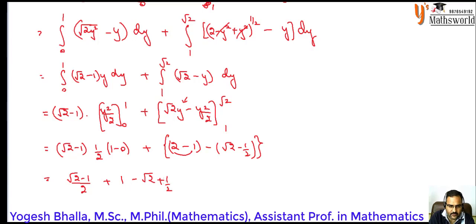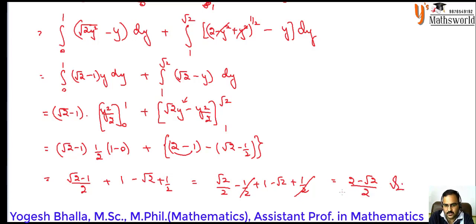So 1 by 2 plus 1, that will be 3 by 2, root 2 by 2 minus 1 by 2 plus 1 minus root 2 plus 1 by 2. So these two parts cancel out, root 2 by 2 minus root 2. On solving this, we get an LCM of 2, minus root 2 by 2. So this will be your answer in this case.